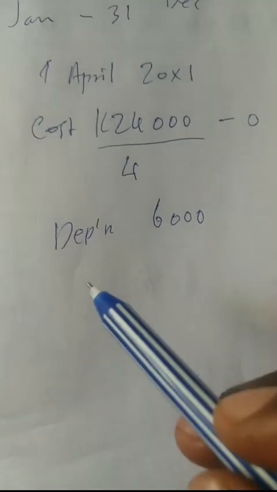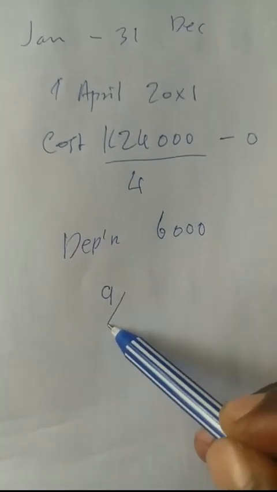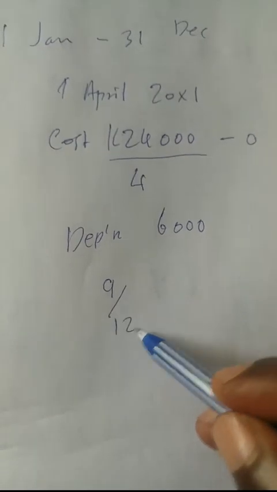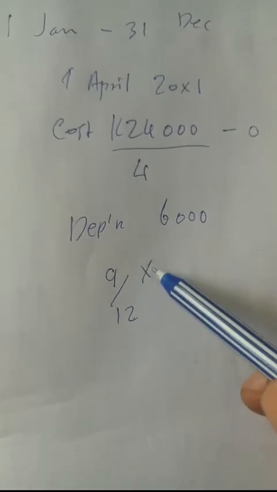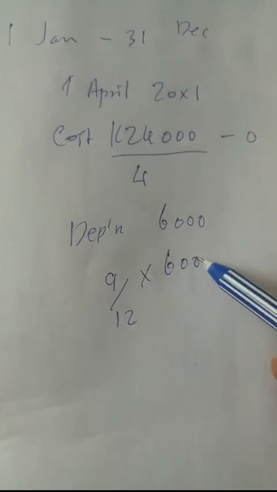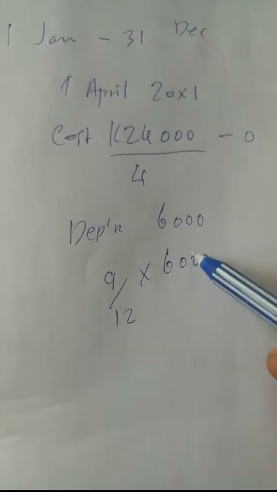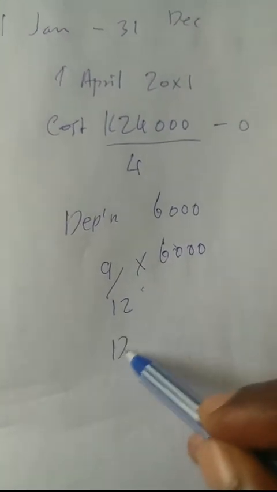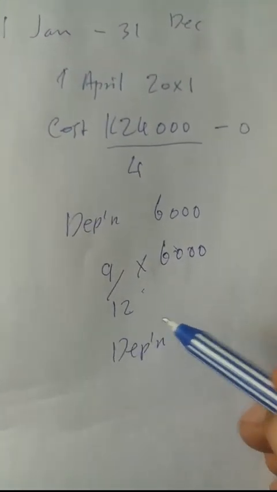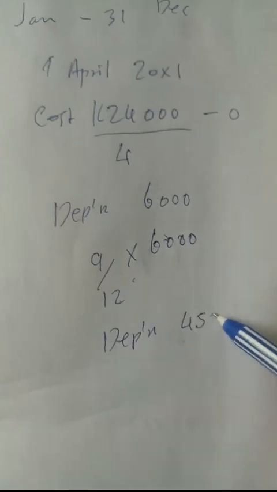Therefore, it's going to be used in the business for only 9 months, 9 over 12. Multiply that by the depreciation for the whole 12 months, which is for 1 year, and you find that the actual depreciation for that non-current asset will come to 4,500 kwacha.